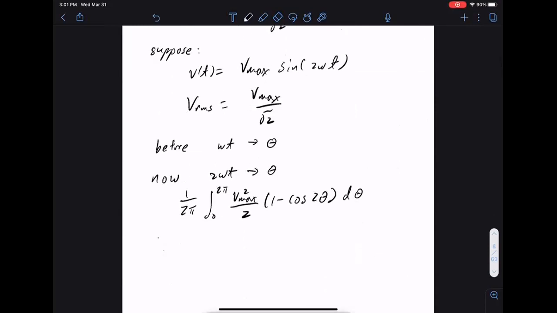Then we have Vmax squared over 2, because I'm integrating a constant from 0 to 2 pi and dividing by 2 pi, so this doesn't change. Then 1 over 2 pi, 0 to 2 pi, cosine 2 theta d theta.